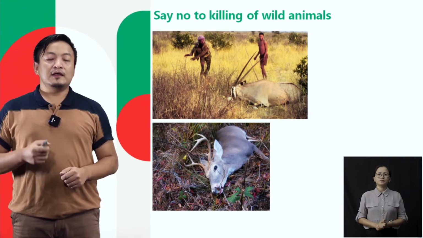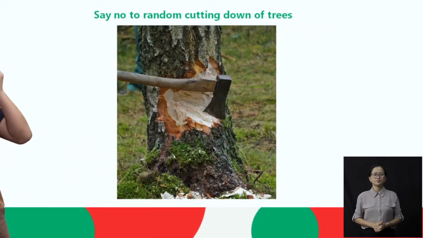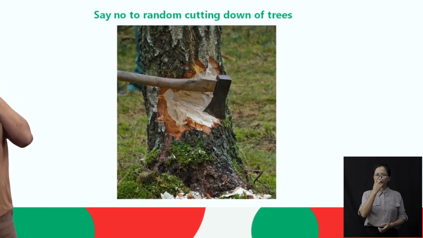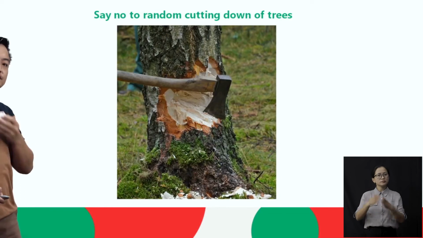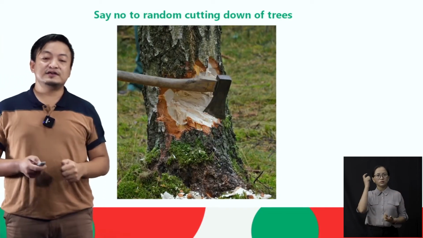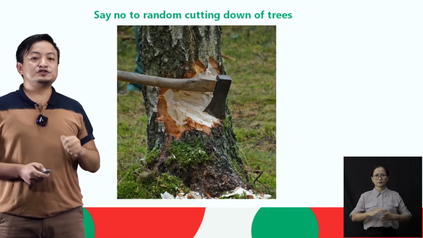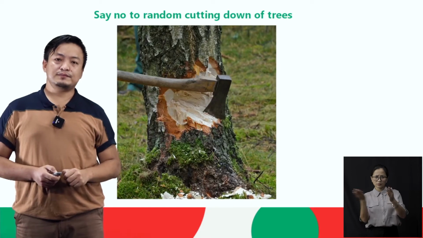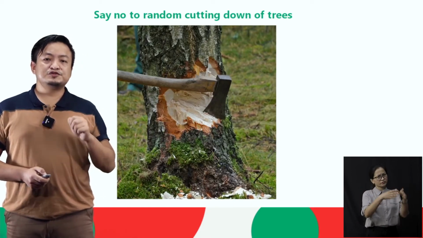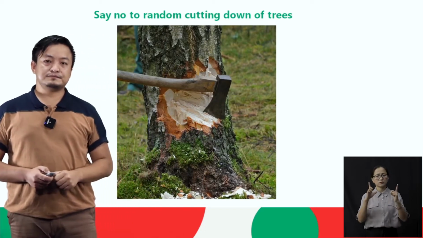Okay, now students, let's see this. Here we can see cutting down of trees. Now students, what do you think about this? We should say no to random cutting down of trees. Trees are a very important part of our life.